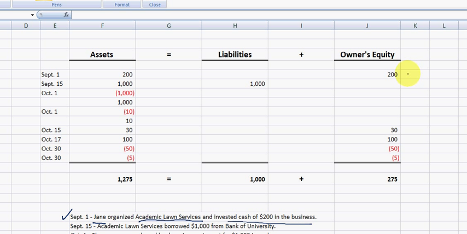So here she put in capital of $200 on September 1st, and that capital then becomes cash on the asset side of this particular equation.